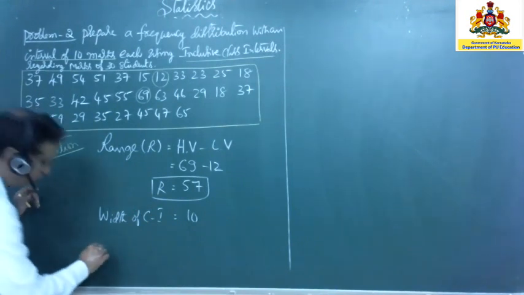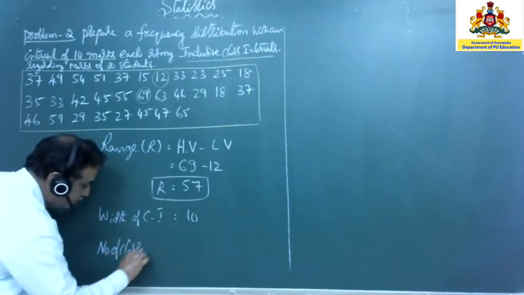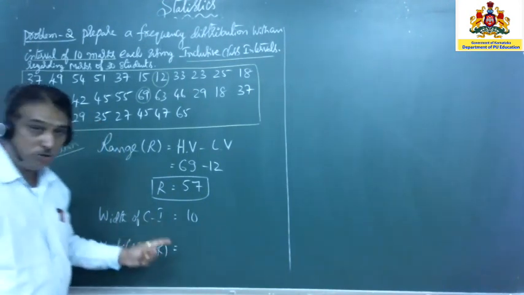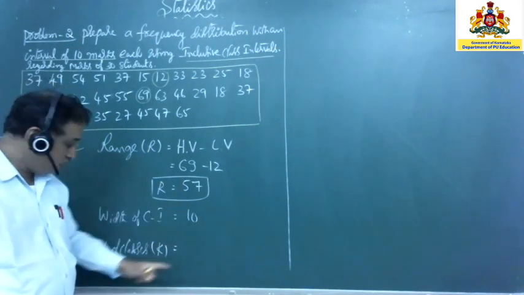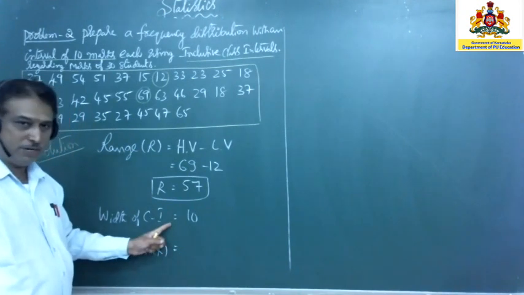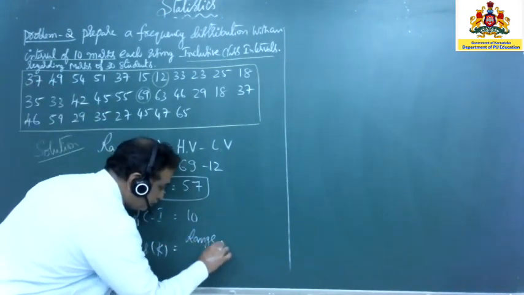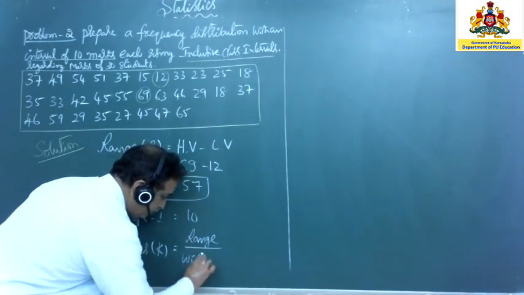And we have to find the number of classes. If the width is not known, then you have to apply the Sturges formula to find the number of classes. But here the width is given. Here the formula is range by width of the class interval.